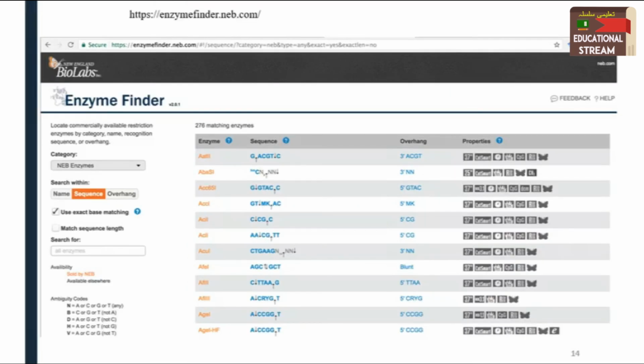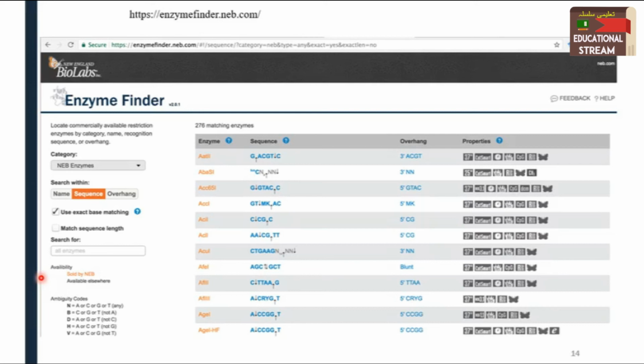This is the web page or website to get the information about the restriction enzymes, because for the restriction enzymes which you are going to use, you need to select those enzymes based upon the nature or composition of your sequence, and what kind of experiments, or what is the purpose of your study.